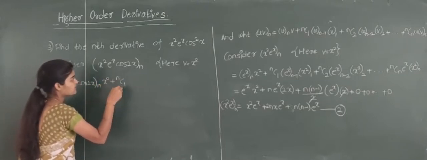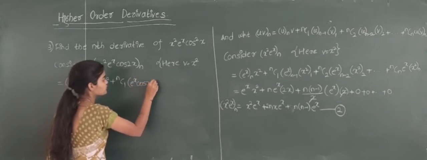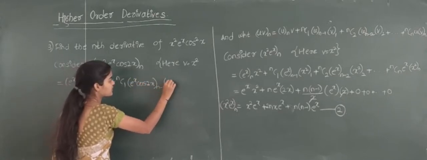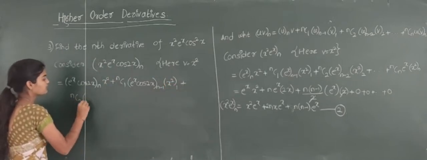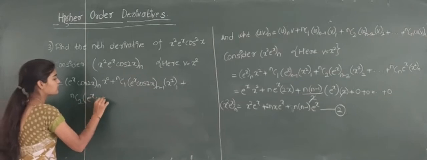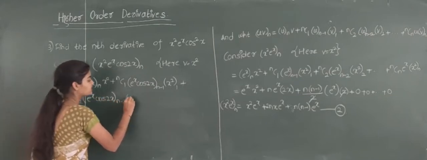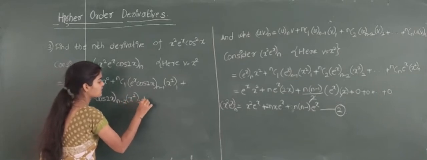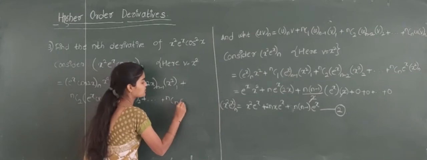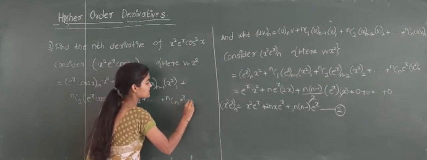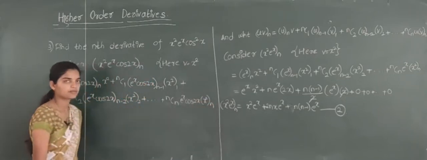Again nC1, n minus 1th derivative of e raised to x cos 2x and first derivative of x square. Next term is nC2, n minus 2th derivative of e raised to x cos 2x and second derivative of x square, plus and so on, plus last term is nCn e raised to x cos 2x as it is and nth derivative of x square we will get.